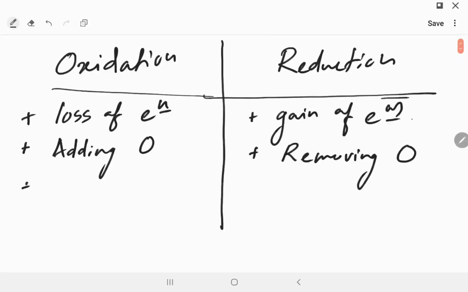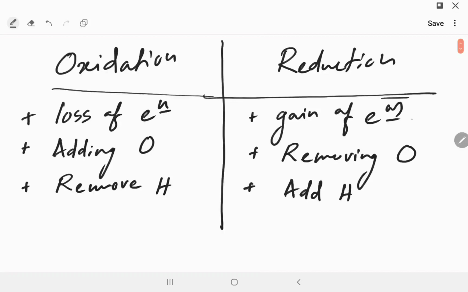Oxidation is also defined using hydrogens. During oxidation, you remove hydrogens, and during reduction, you add hydrogens.